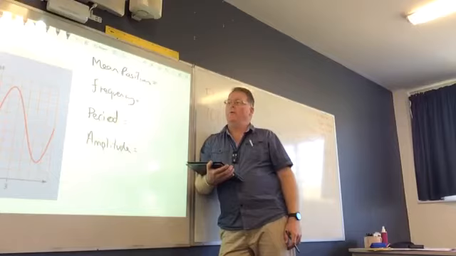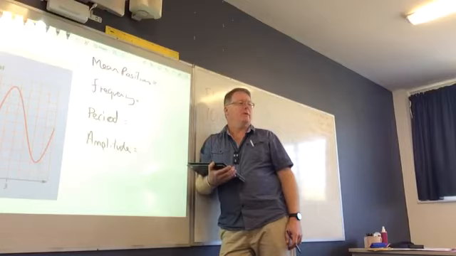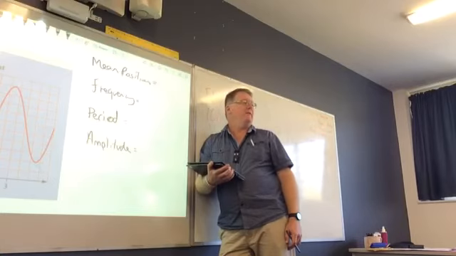So where's the highest point on this graph? Good. Where's the lowest? 10. So what's halfway between 10 and 50? What's halfway between 10 and 50? 30. How do you find halfway between two numbers? Add them up, divide by 2.